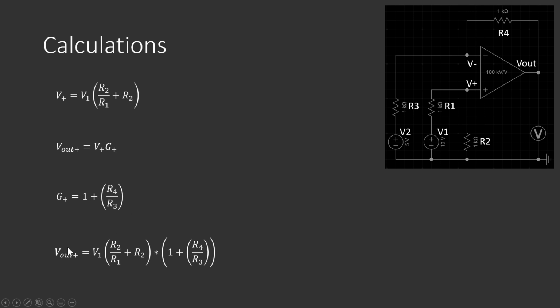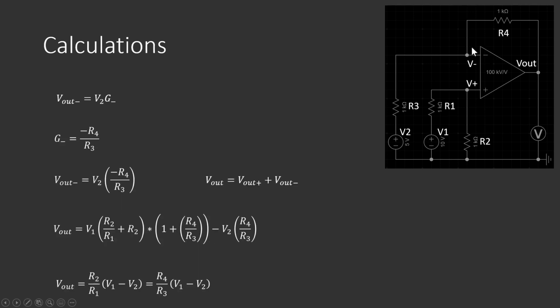Then we can combine these equations to get V out plus equals V1 times R2 over R1 plus R2, which is from up here. So this is our V plus. So V out plus equals V plus, or this section, multiplied by 1 plus R4 over R3. That's from over here. So we're doing V out equals V plus times G plus.